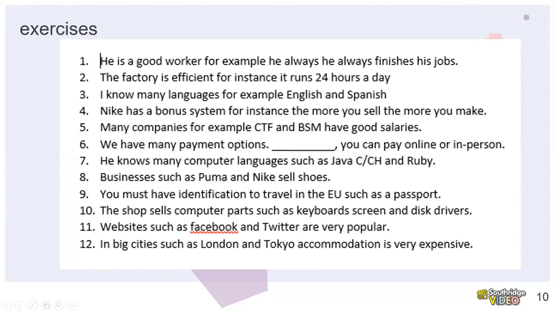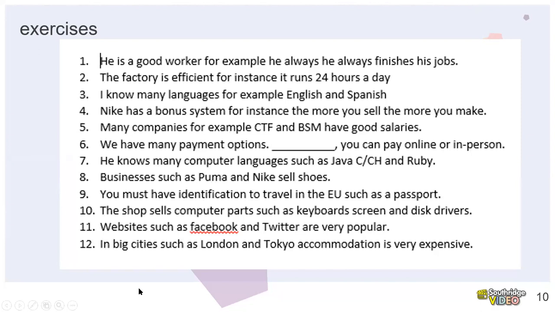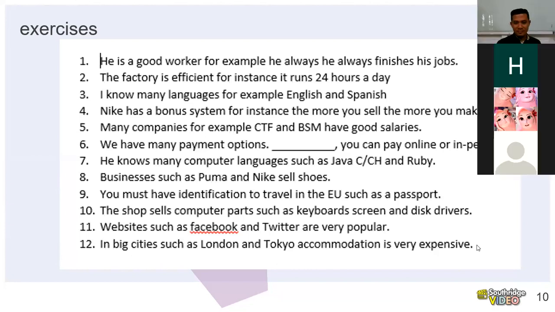Aulia, Rahman, Siska, Dimas, Shakila. Come on. Where are you? Are you still there? Yeah, okay. Is that Monica? Yes, sir.